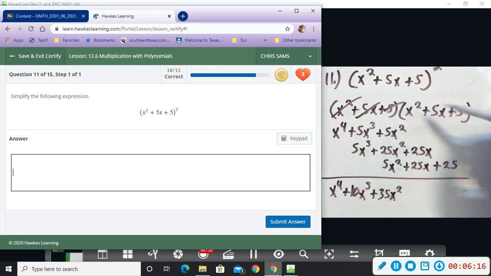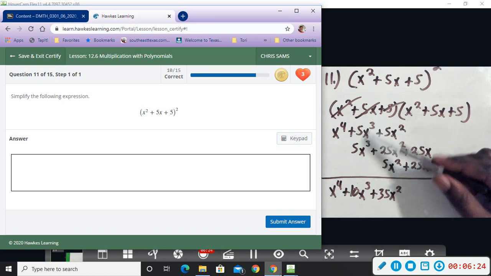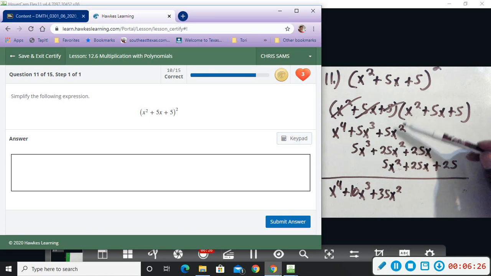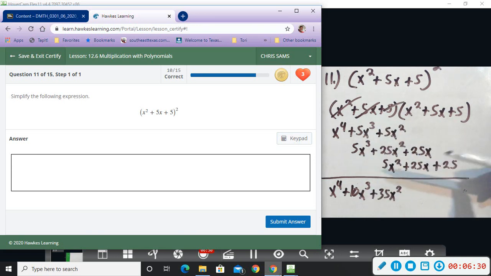We've already done the multiplying, so don't add up the x's, 2, 2, and 2, and get 6. The variable is staying the same. You're just adding the coefficients, combining like terms. That's another common mistake that people want to add the powers too. Don't do that. 25 and 25 will give us 50, so 50x and then plus 25.